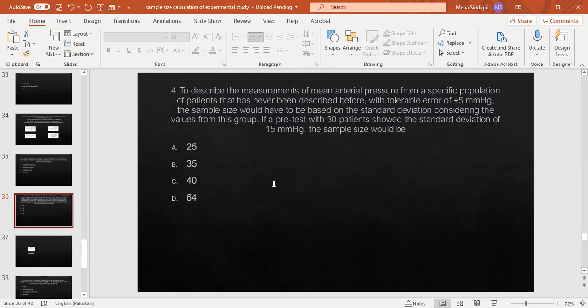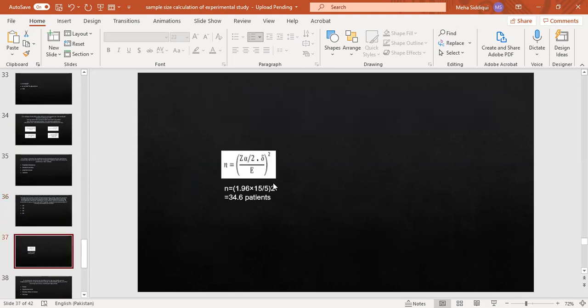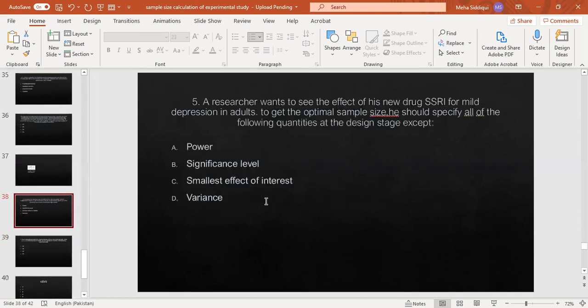The correct option is 35, because using this formula and applying the values 1.96 as Z, standard deviation 15 and the error 5, we get 34.6 patients.